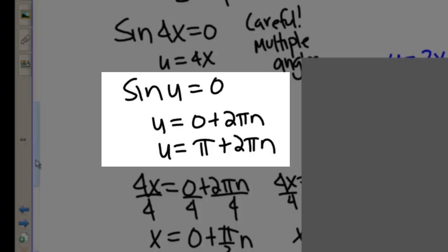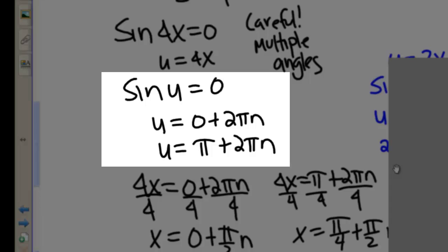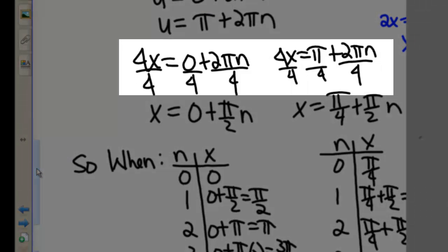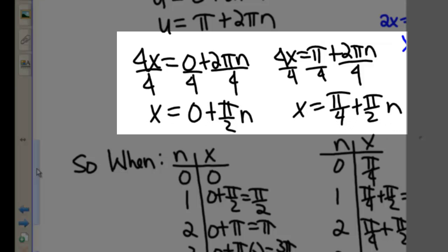That means we're going to get more than just 2 angles in one revolution. So you will notice in the next steps that I took 4x equals 0 plus 2 pi n, and 4x equals pi plus 2 pi n, and divided them all by 4, yielding x equals 0 plus pi over 2 n, and x equals pi over 4 plus pi over 2 n.